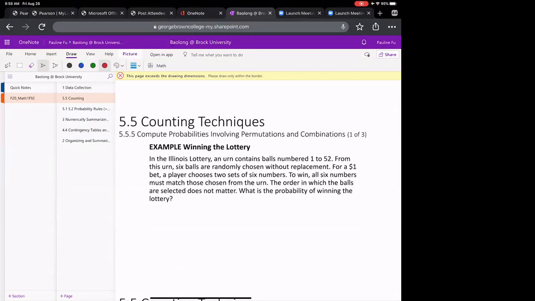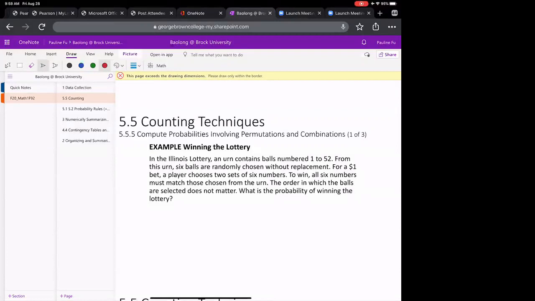In the Illinois lottery, an urn contains balls numbered 1 to 52. From this urn, 6 balls are randomly chosen without replacement. For a dollar bet, a player chooses 2 sets of 6 numbers.